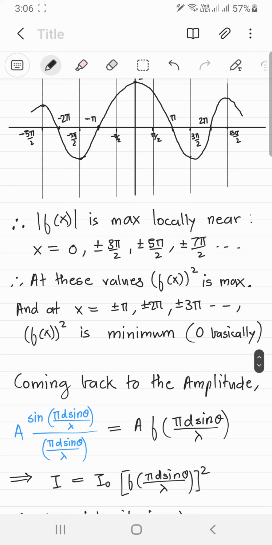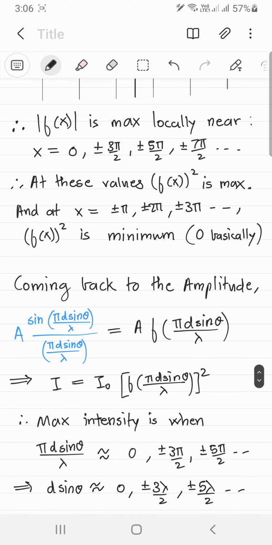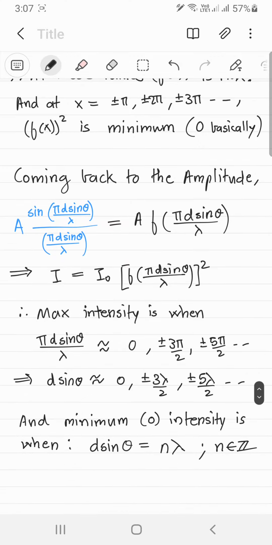Right. So f of x is max locally near these values. At these values, f of x squared is also max, because really f of x squared is just mod of f of x squared. So if this guy is maximum, this guy is also maximum. It's positive anyway, so we can definitely do that. So at x equal to some integral multiple of pi, it's minimum 0 basically.